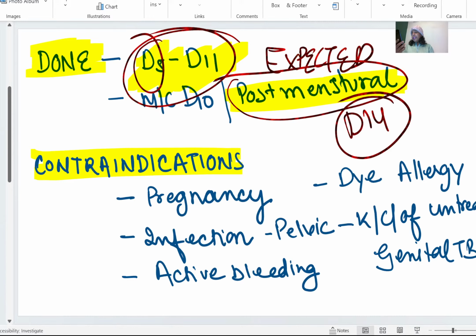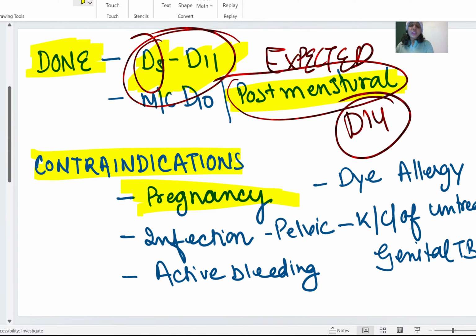What are the contraindications? Of course, pregnancy is a contraindication, because we do this investigation for infertility, so we may interfere with the pregnancy.